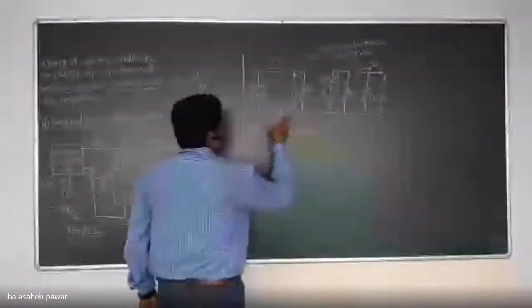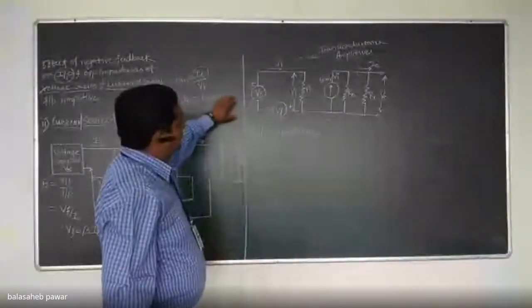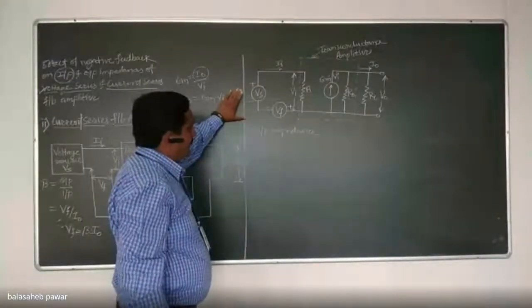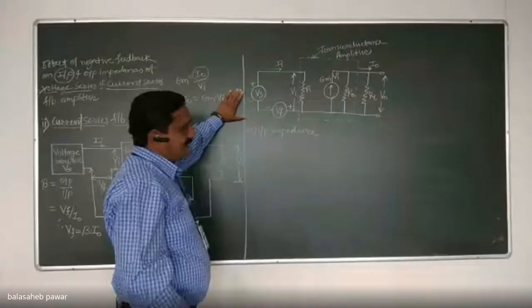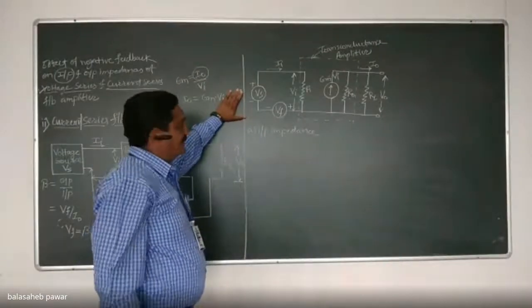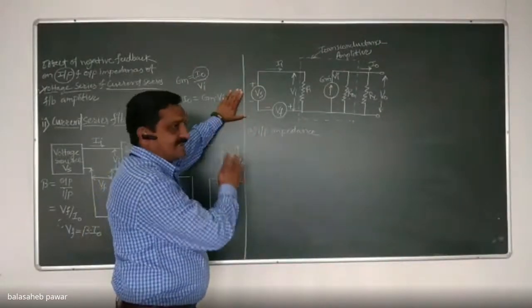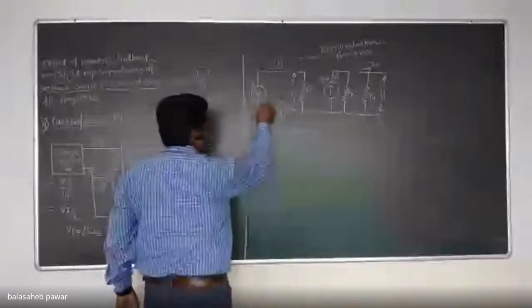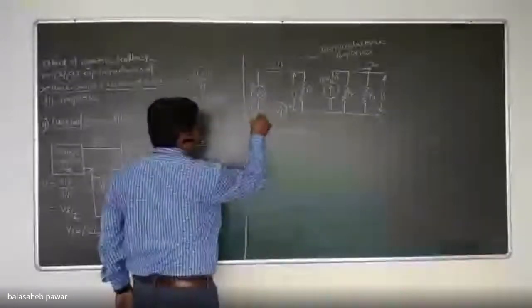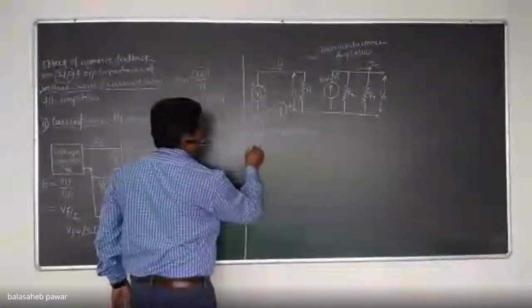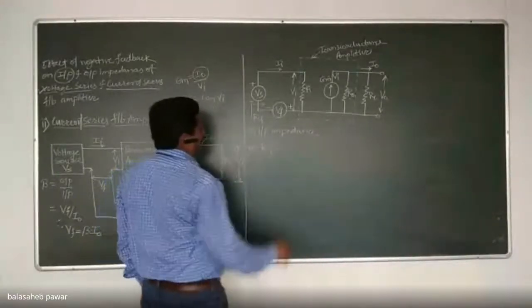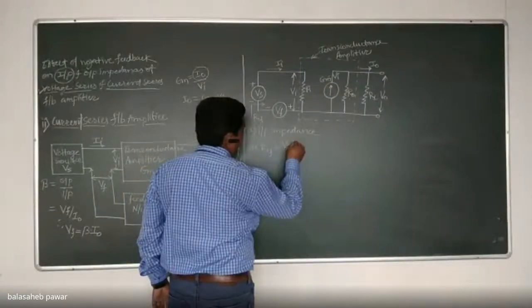You will observe whatever analysis we perform for this topology will be same as the previous, because the input side is as it is, as that of the previous topology, that is voltage series feedback amplifier. Okay. So if we define RIF as RIF equals what? VS upon II, right?